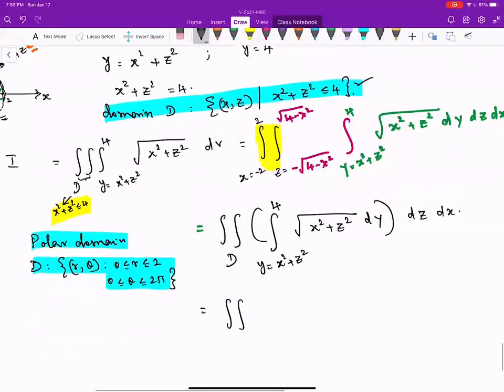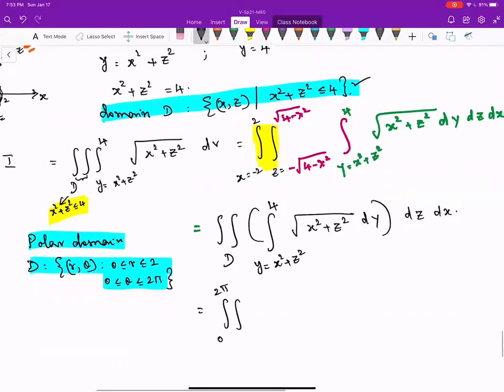So it is an integral over the polar domain. We can write 0 to 2 pi for theta. Then r varying from 0 to 2, the radius of the disk. And you're going to integrate with respect to y, so x and z are constants.